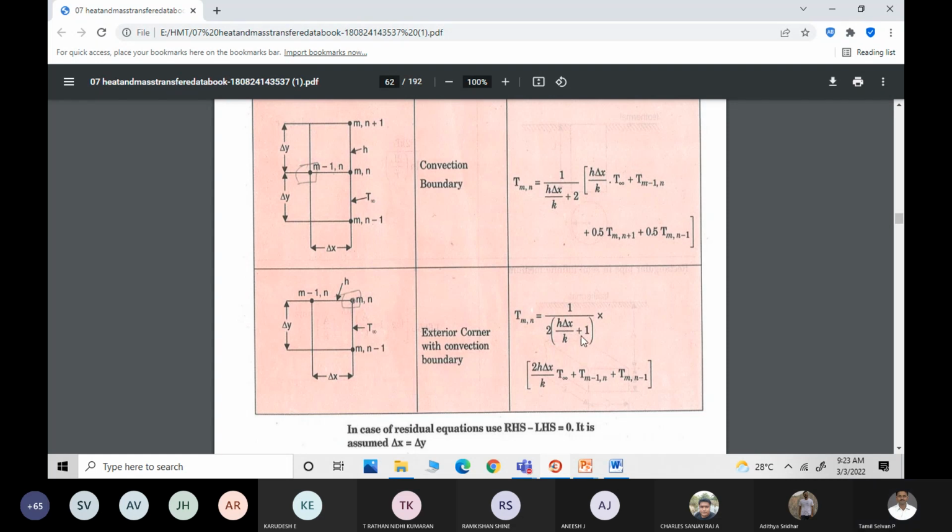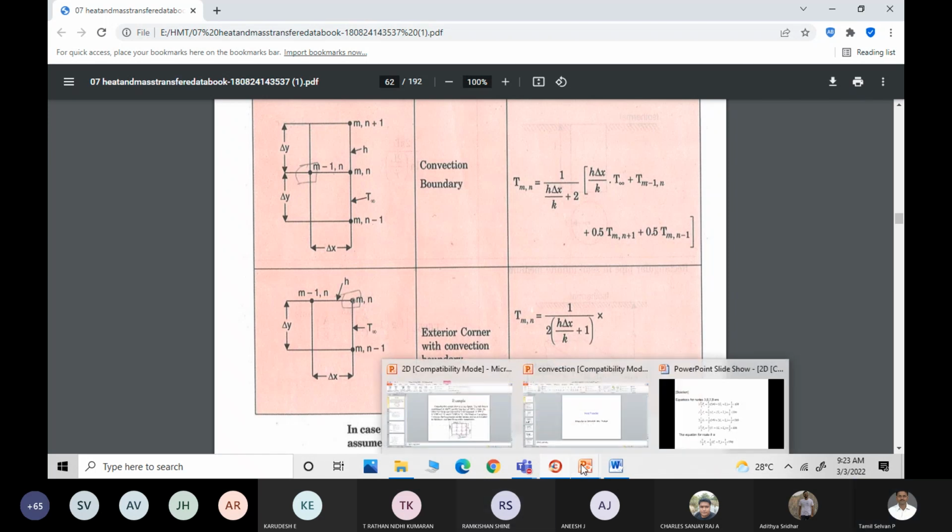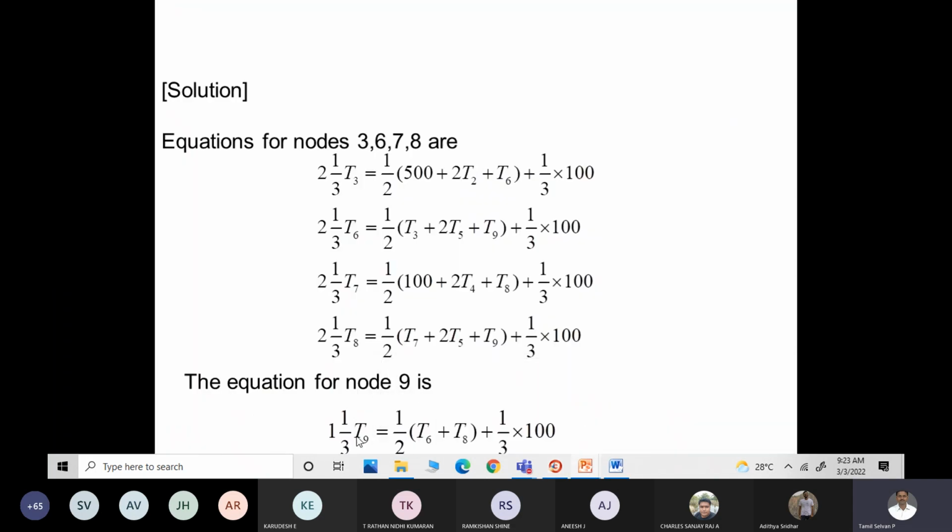Yes. 1 by 3 plus 1 into 2. So 4 by 3 into 2 is 8 by 3. Okay, so 8 by 3. Del x is 1 by 3. Yes, sir. So finally, we will be having this expression 1 by 3.